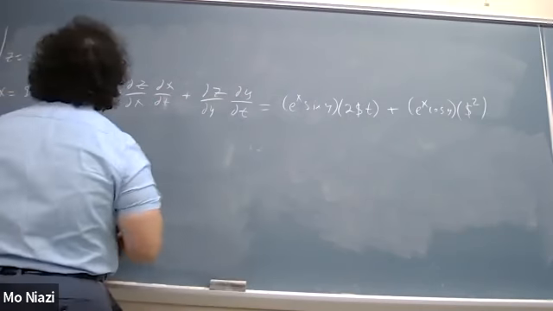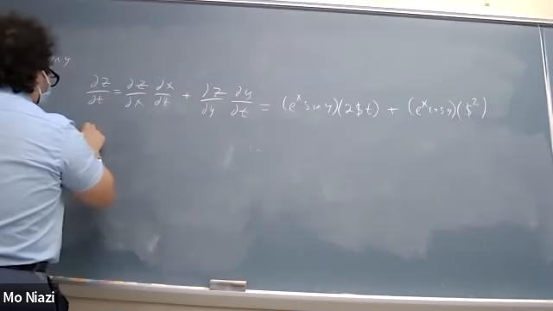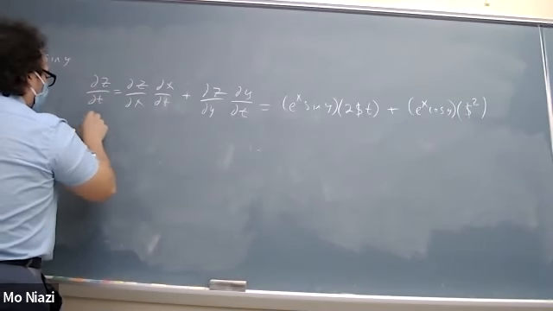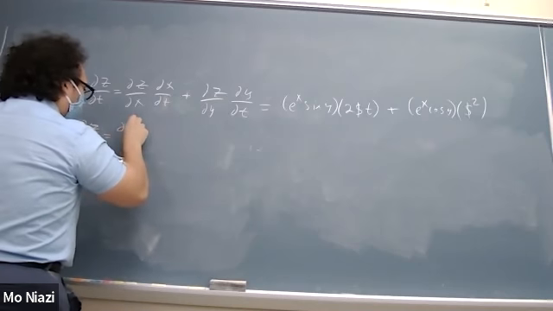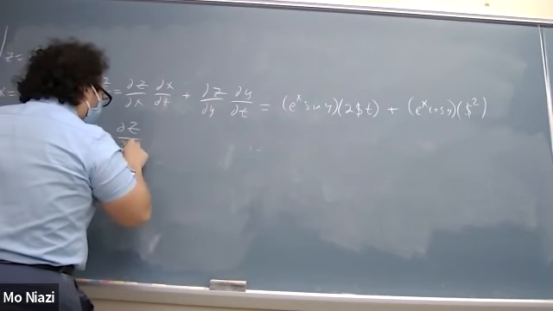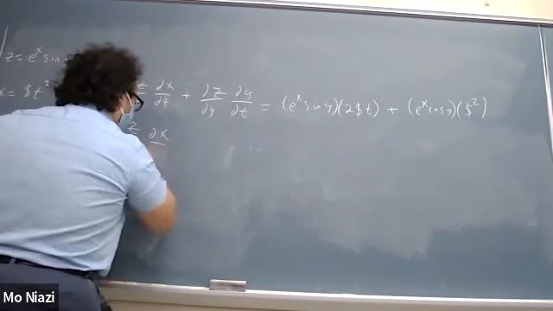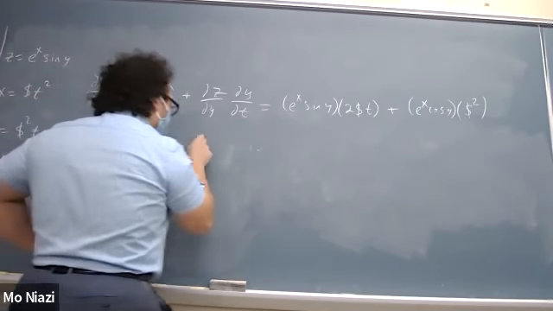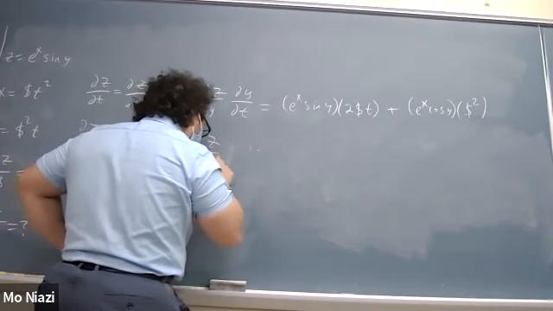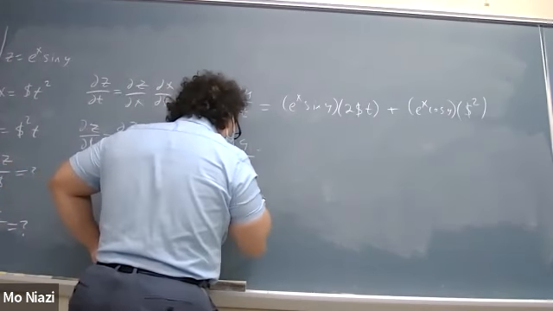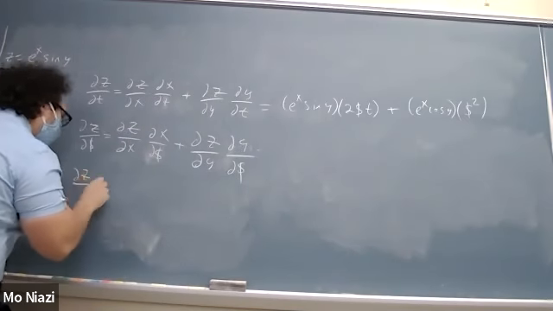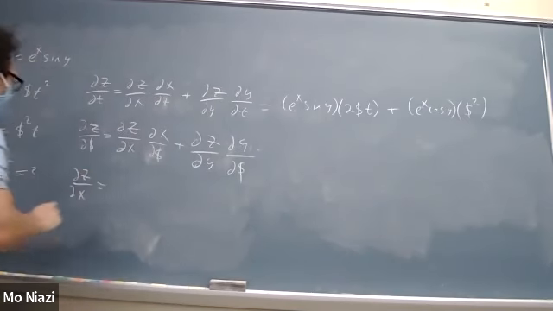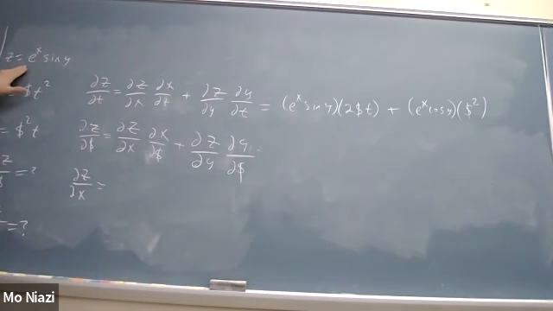Let's find the other one, partial z, partial s, is the same thing as partial z, partial x, partial x, partial s, plus partial z, partial y, partial y, partial s. So let's find these terms. Partial z, partial x is partial x of this.